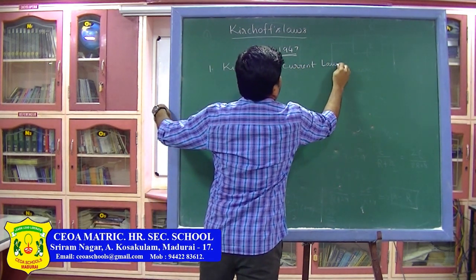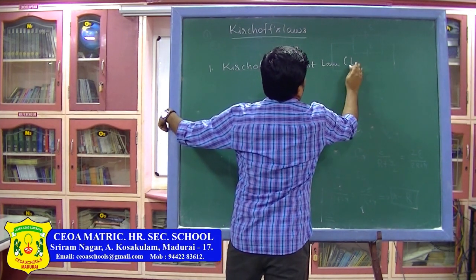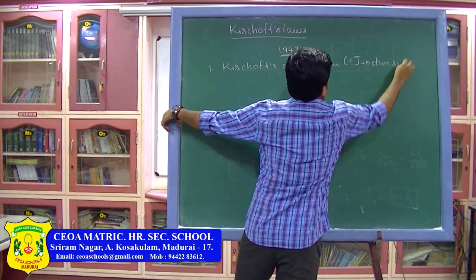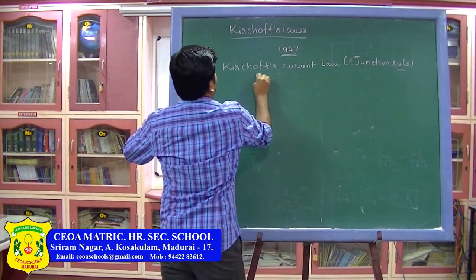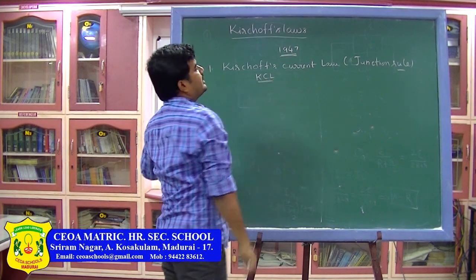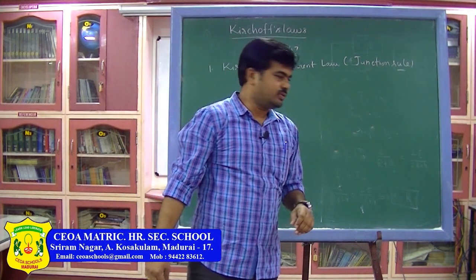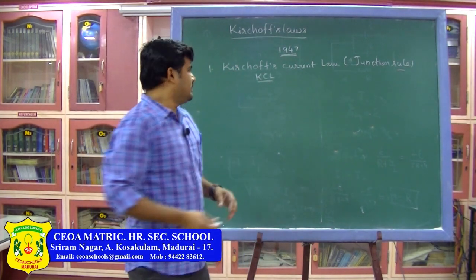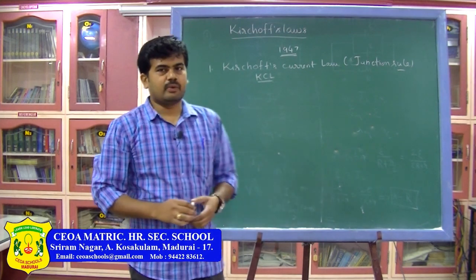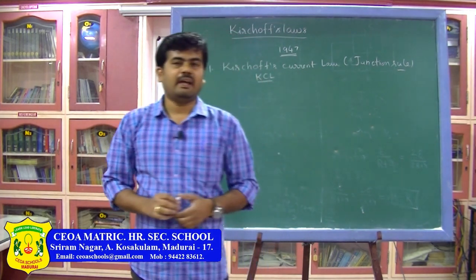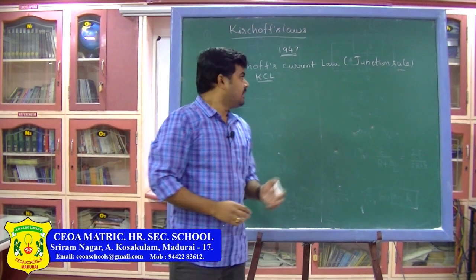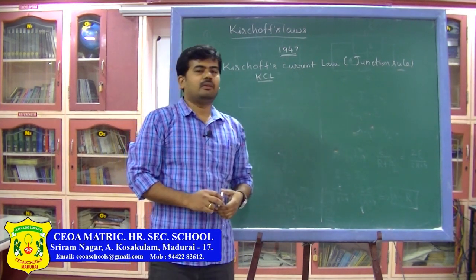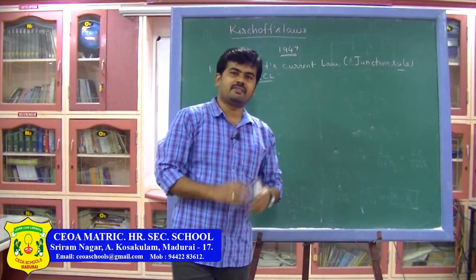Simply, you can also call it the junction rule, and in short you can call it KCL, Kirchhoff's current law, or junction rule. According to Kirchhoff's junction rule or current law, in a given electrical circuit at any junction, the sum of currents approaching the junction is always equal to the sum of currents leaving the junction.